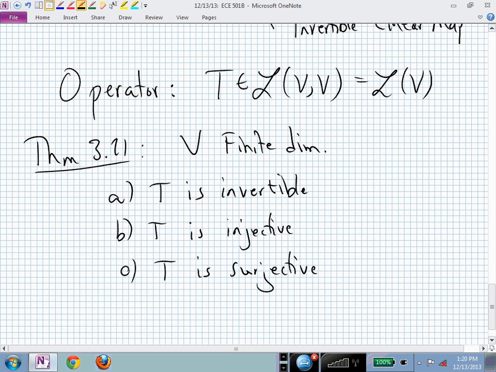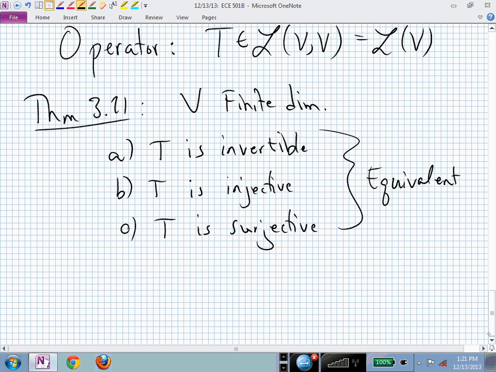Those are equivalent statements in a finite dimensional vector space. In infinite dimensions, that doesn't hold true. But that's what we learned in chapter 3.